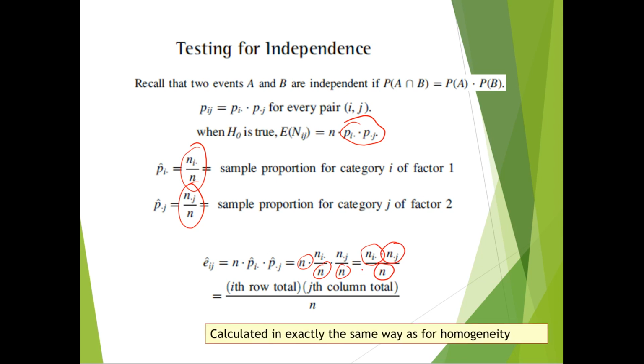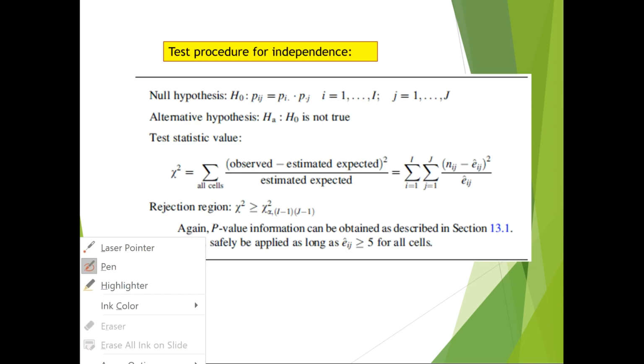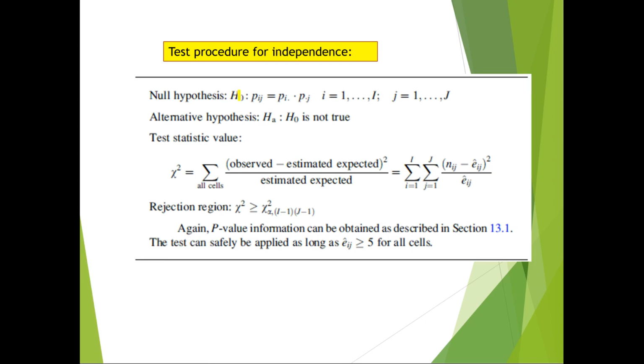Okay, so the test procedure for independence. The only thing that is different here is the null hypothesis. Also note that the null hypothesis is always the hypothesis of independence. The alternative is just that the null hypothesis is not true.